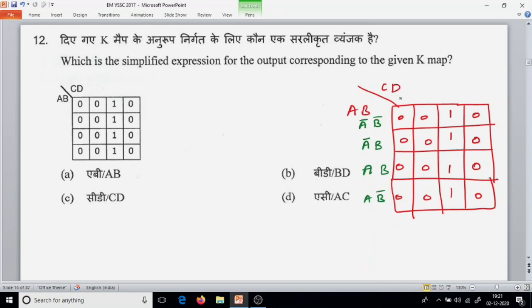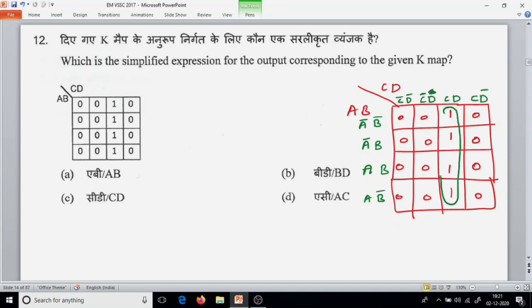This is C bar D bar, this is C bar D, C D, and C D bar. Okay, this is correct.